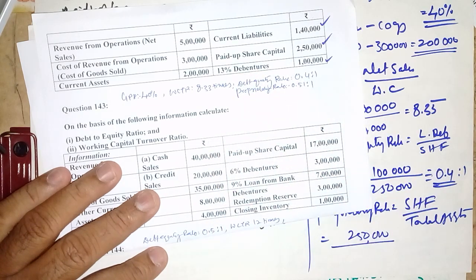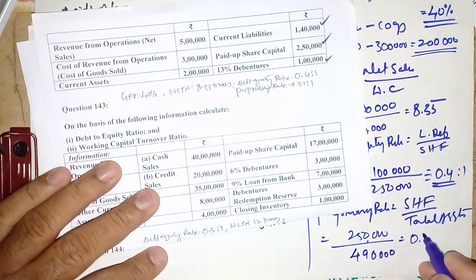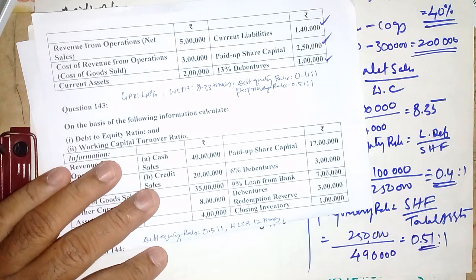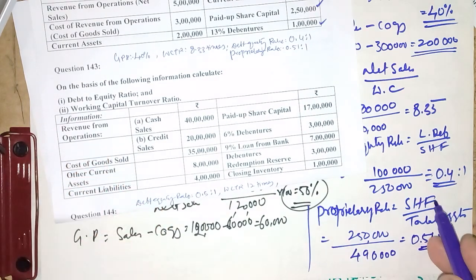Therefore 1,40,000 plus 2,50,000 plus 1 lakh is equal to 4,90,000. So 2,50,000 divided by 4,90,000 is equal to 0.51 is to 1.